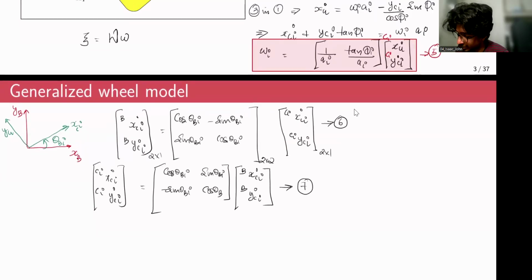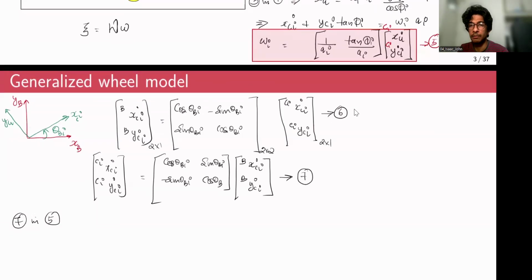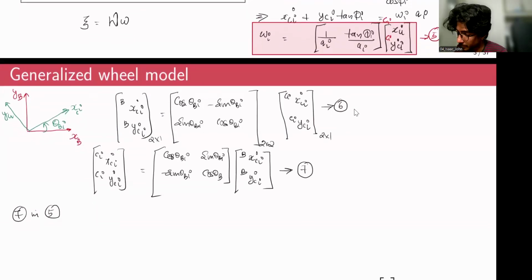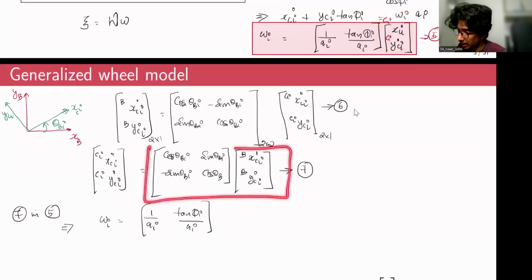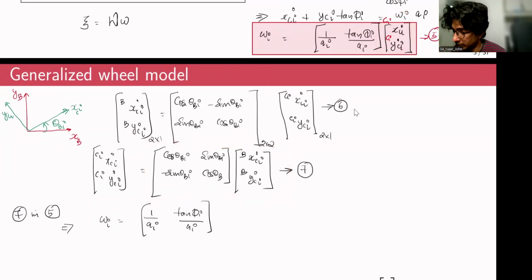And if I substitute equation 7 into equation 5, the equation that we have highlighted over here, we would end up with omega I is 1 by ai and phi I by ai. Then, instead of this term, we would substitute this entire matrix vector equation.